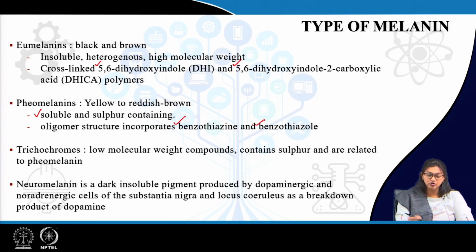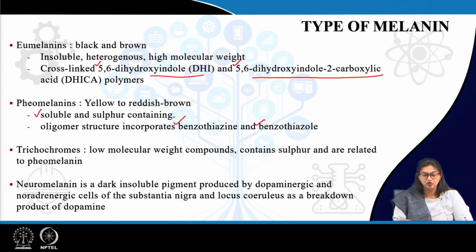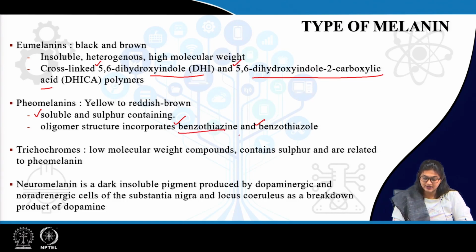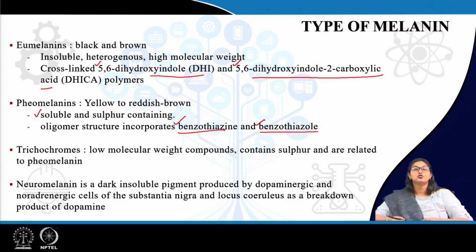So, basically in eumelanin there were dihydroxyindole and dihydroxyindole carboxylic acid, whereas when cysteines are present, they form benzothiazine and benzothiazoles, and they form a soluble oligomer containing sulfur.